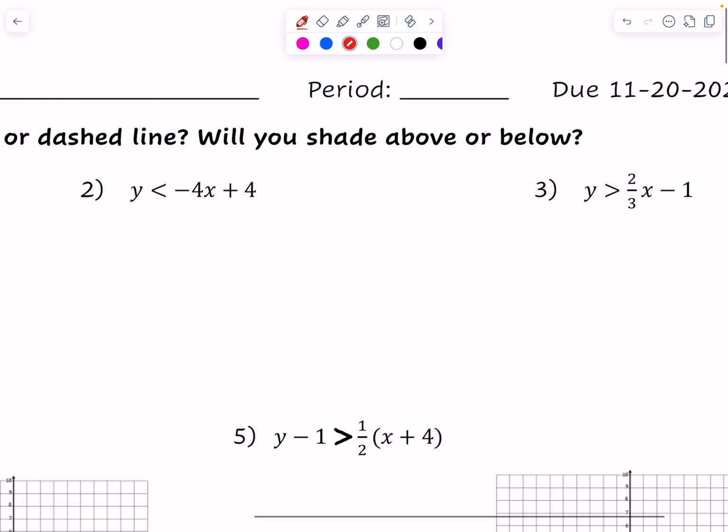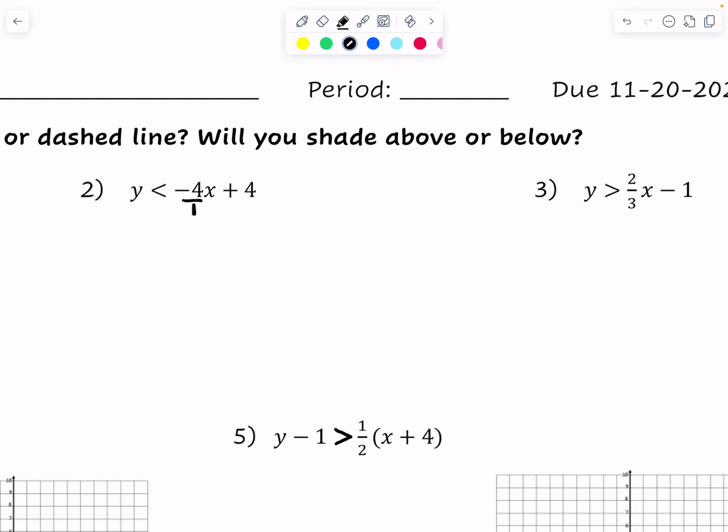So on number 2, again, it is already in slope-intercept form, which is good because then I know that my y-intercept is 4 and I know that my slope is -4/1. Now, we talked about this, we said we would kind of like it if we could see it as a fraction, so we're going to write this as a fraction. Okay.